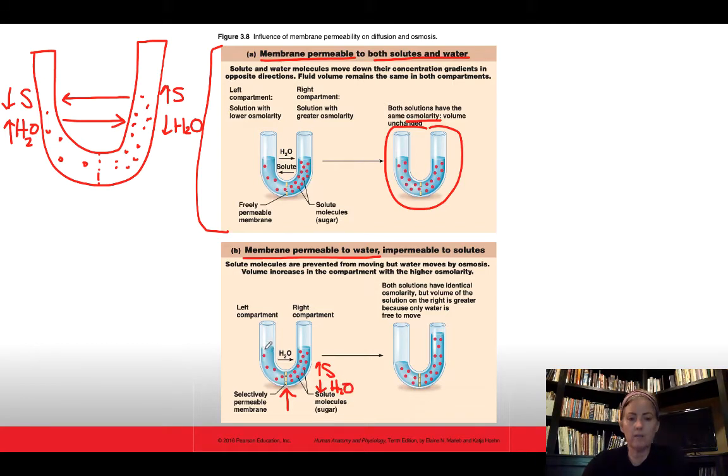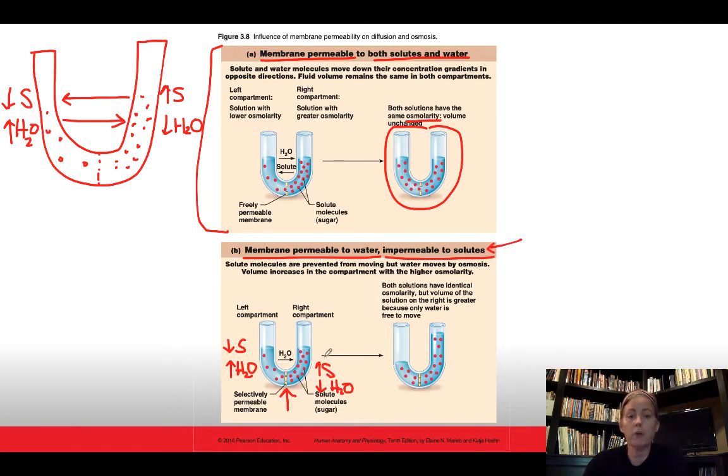On the left side here, we have decreased solutes and we have increased water. Okay, so our solutes actually can't move because this membrane here is impermeable to the solutes. You're given that information here.